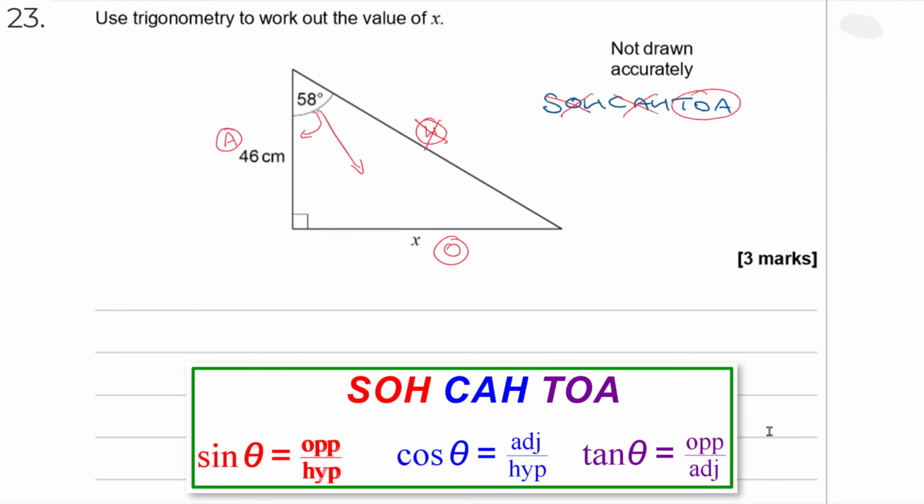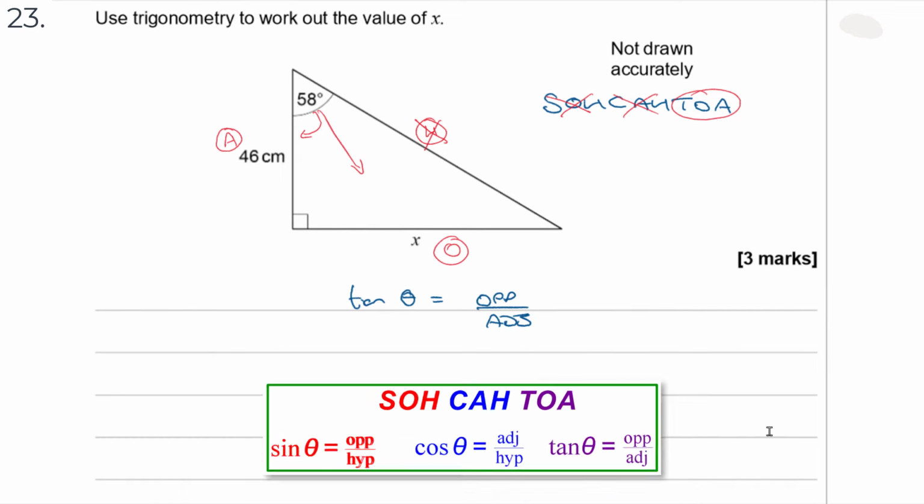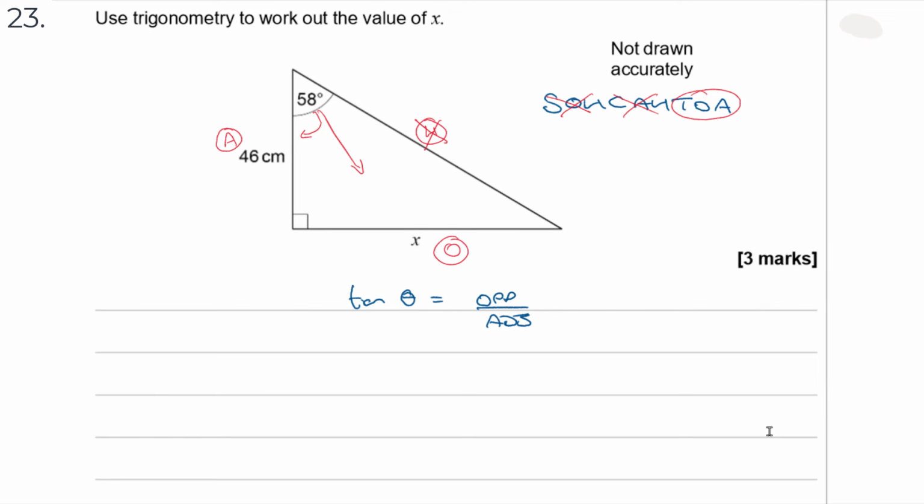So I'm going to write out the full trigonometric ratio for tan. So tan theta is equal to the opposite over the adjacent. That's what TOA means. And then we're going to sub into that, aren't we? So what's the angle first up? Well, the angle is 58.